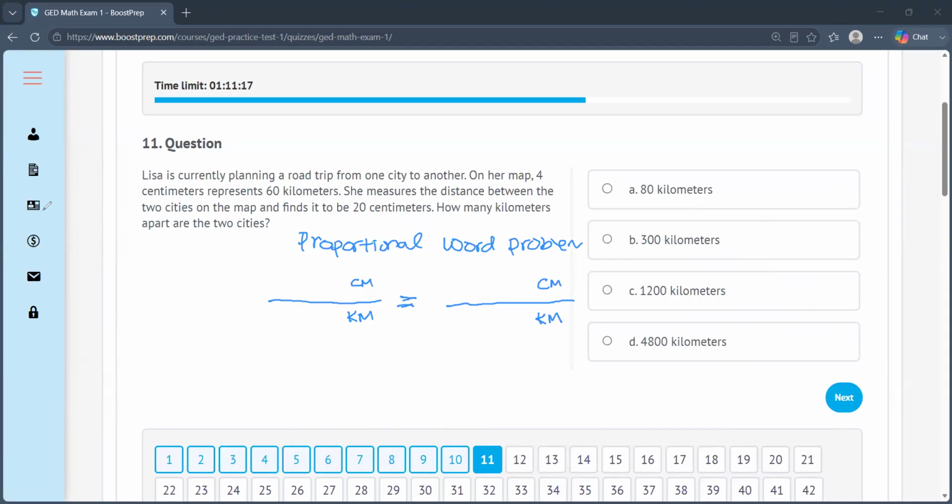You can also do it vice versa. You could put kilometers on the top, centimeters on the bottom, but that means you would have to put kilometers here and centimeters on the bottom. Really up to you. I'm just going to put centimeters on top, kilometers on the bottom.